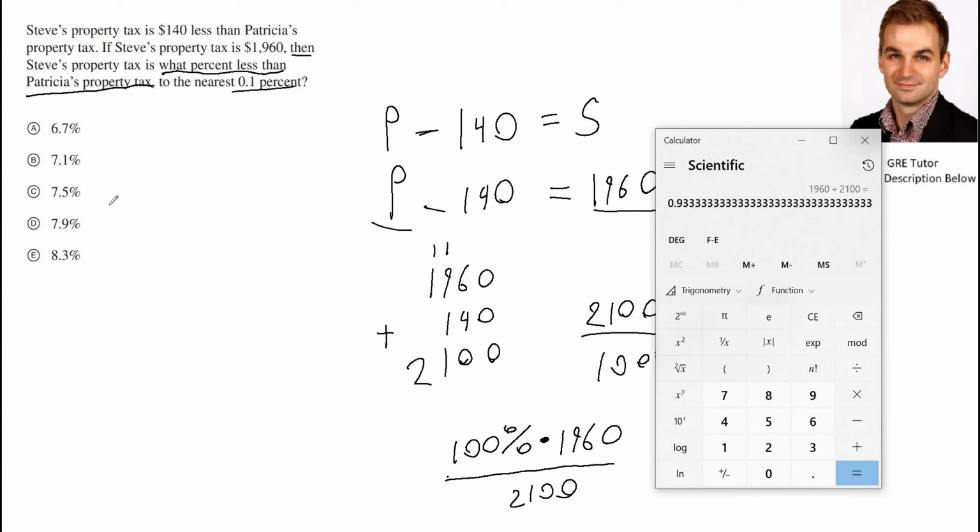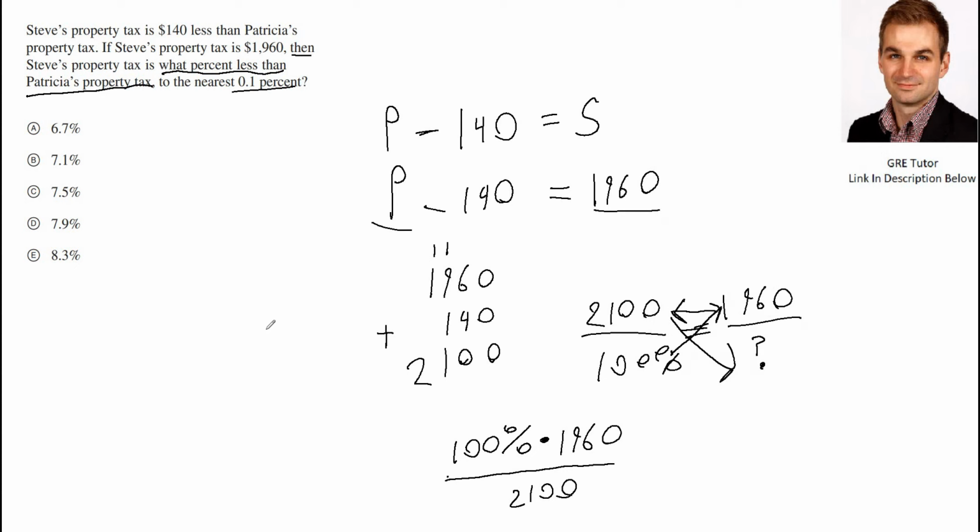Now you know none of those answers are 93%, and that's because we don't want to know what percentage of the 2,100 1960 is. That's what we just found. We want to know how much you went down from 100%. So you have to take 1 minus this answer. In other words, 100% is 2,100, 93%-ish is 1960.